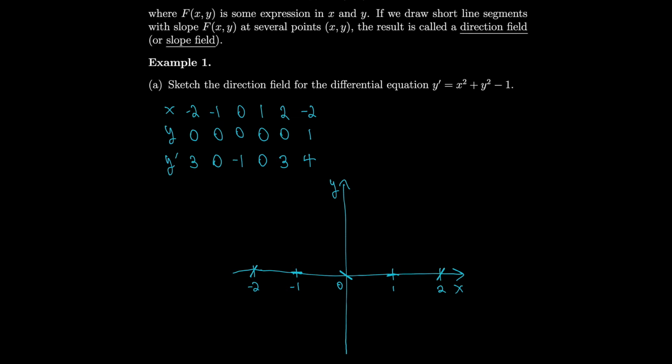So at minus 2, 1, let's see if I can make this even steeper. That's pretty steep, because it's a slope of 4 now.